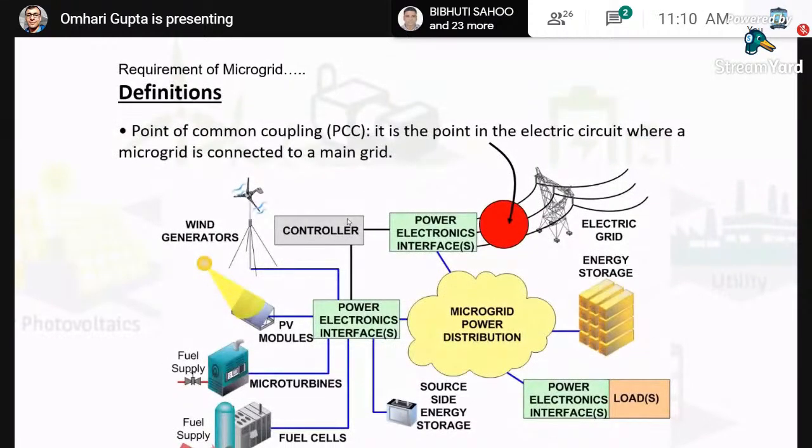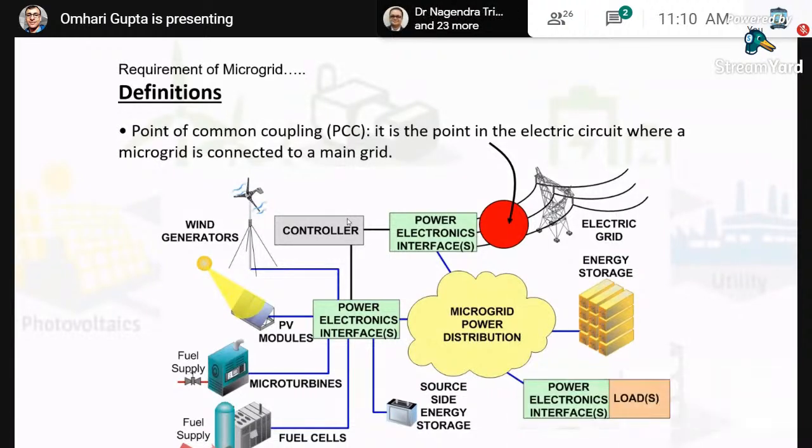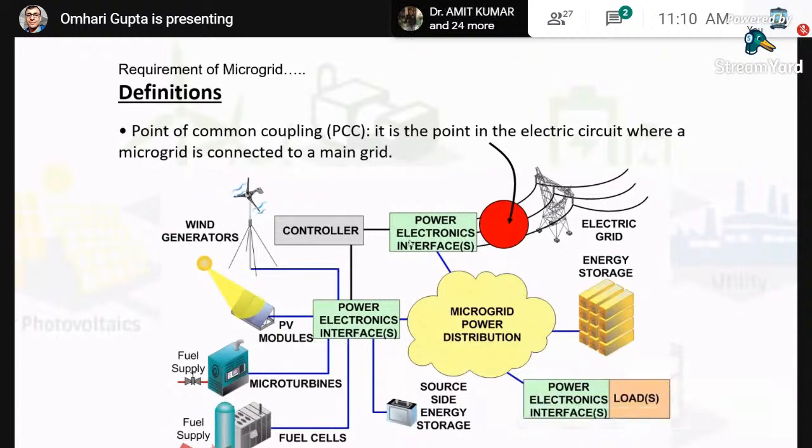Now, what is PCC? We have discussed that it is the point where you connect your distributed generation or the microgrid to the main grid. Now, there is one interface that connects you to the rest of the network. This interface here is, as you can see, a power electronics interface.